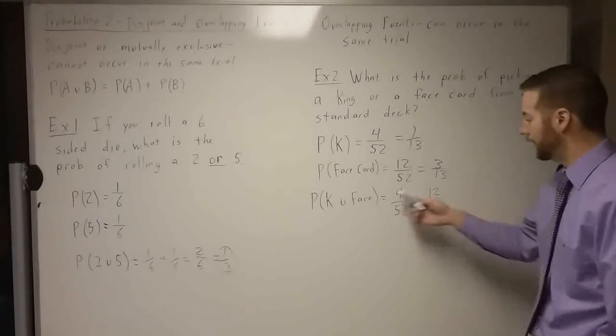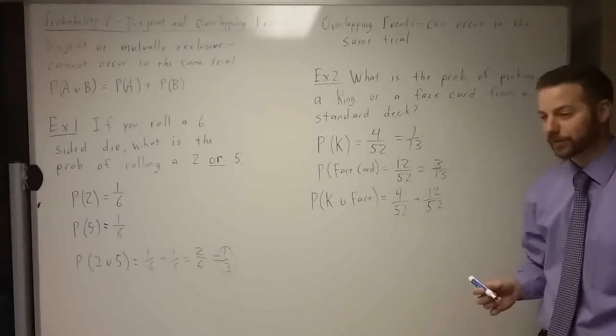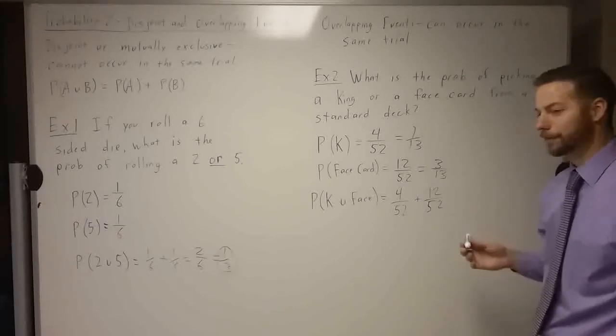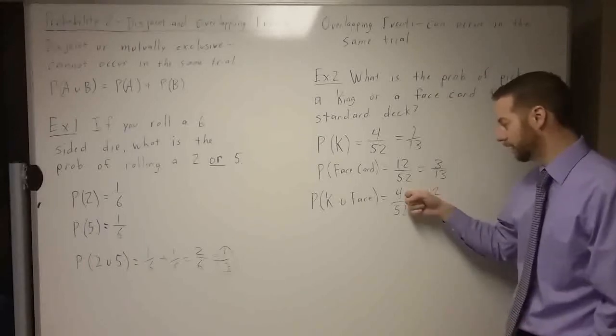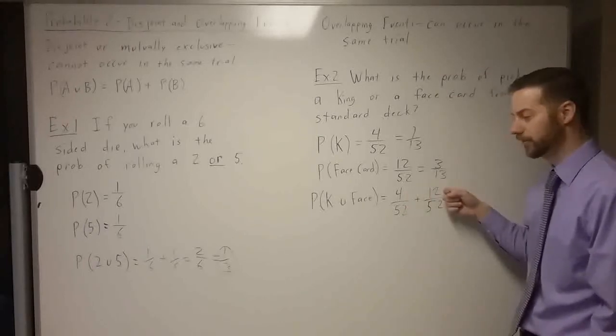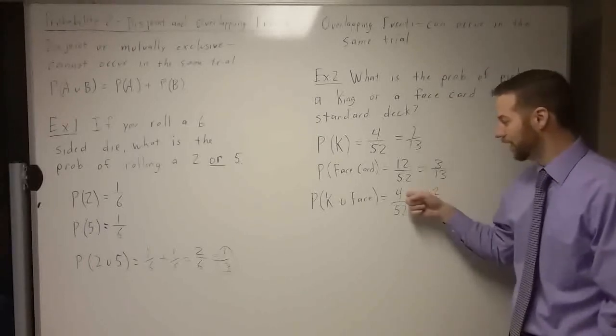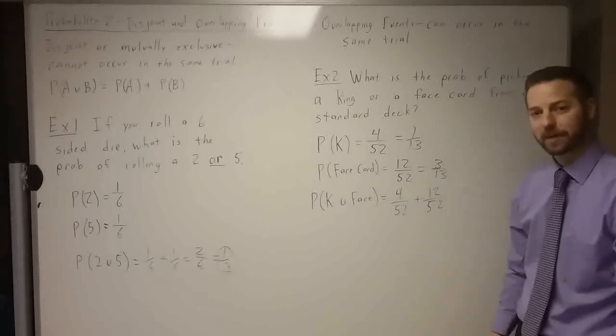Now here's the problem. That would make 16 cards that satisfy both these things. However, there's an issue here. Because we counted all the kings, we counted all the face cards, but aren't the kings also face cards at the same time?